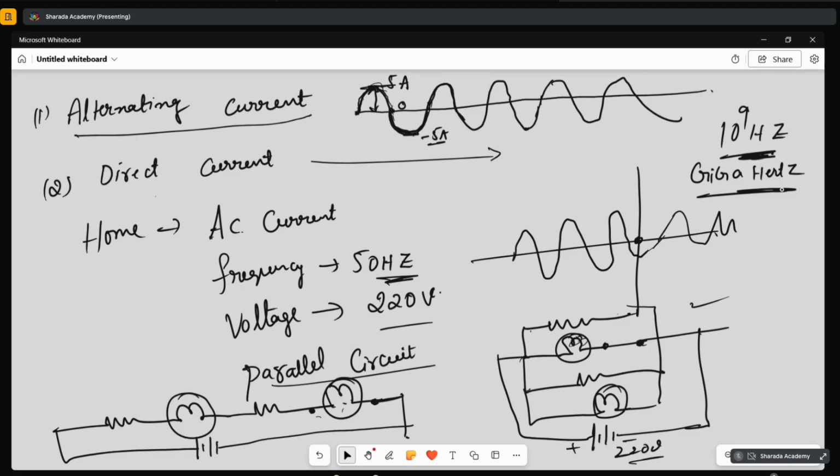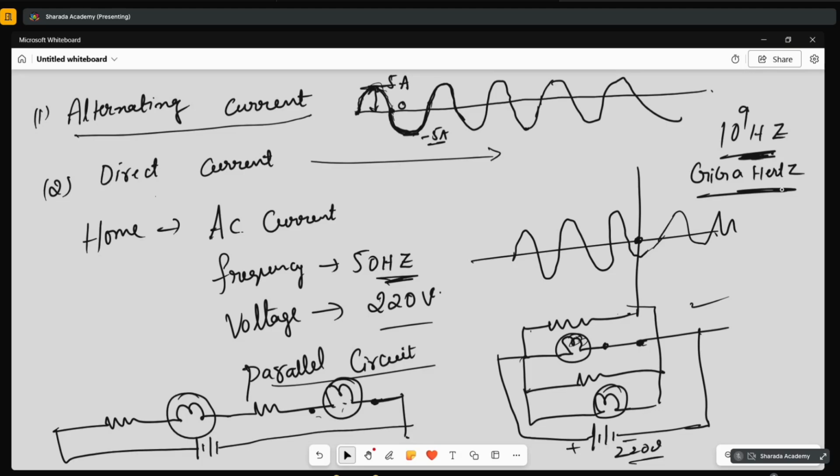In India, we use 220 volts, 50 hertz. Whereas in other countries like the US, they use around 110 volts as the voltage. Here we use 220 volts.